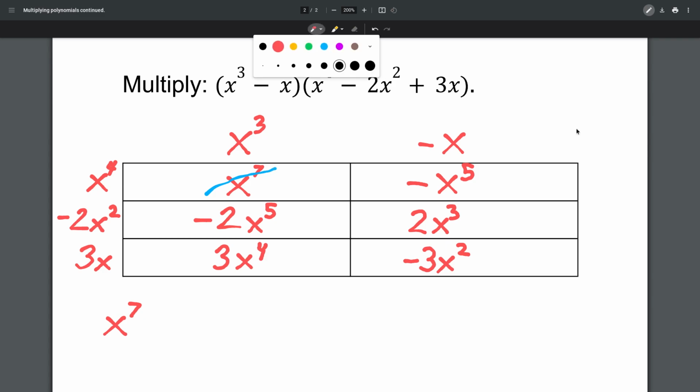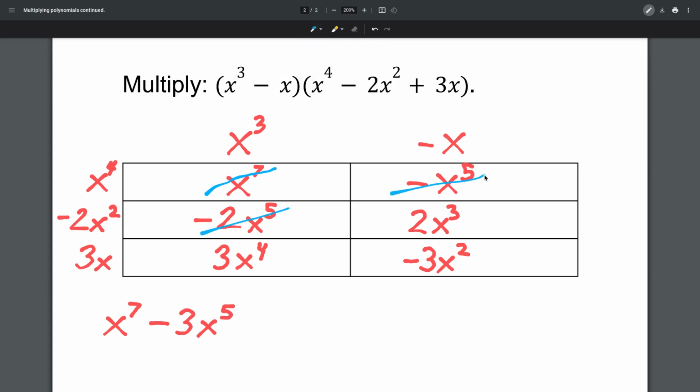Okay, then we go down to the next highest power, which is x to the fifth. So we have a negative 2x to the fifth and a negative x to the fifth here. This is like negative 1x to the fifth, so that makes negative 3x to the fifth. And we'll cross that and that off.